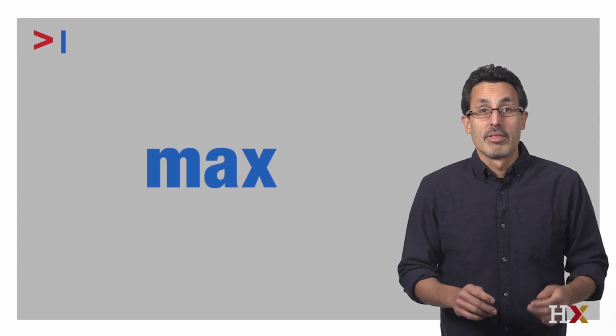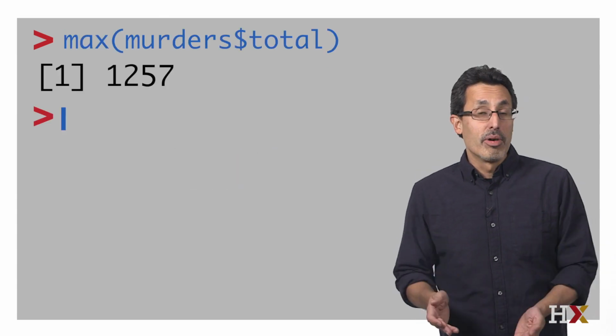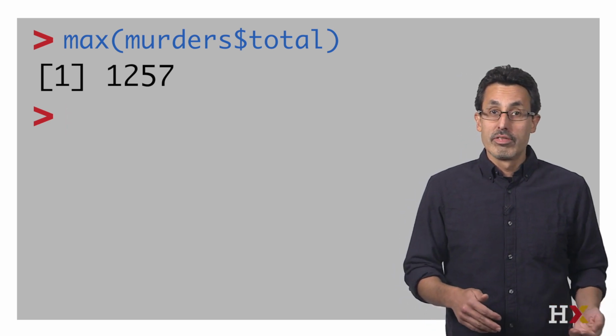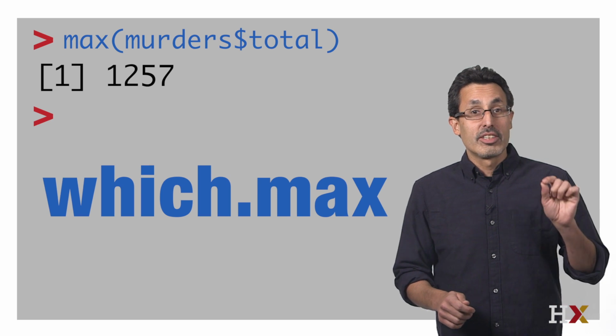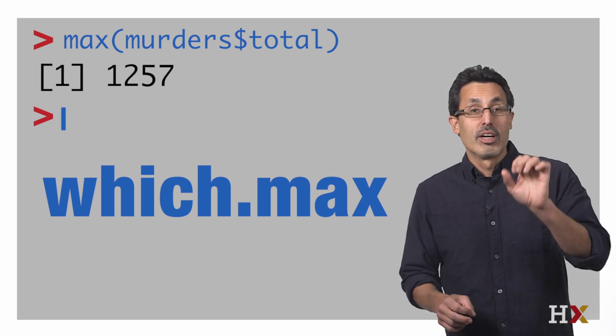Now, there's actually a much faster way of getting the biggest or the smallest. If we are only interested in the entry with the largest value, we can use the function max. So max of the murders total gives us 1,257, the largest number. And which.max gives us the index where this number resides.